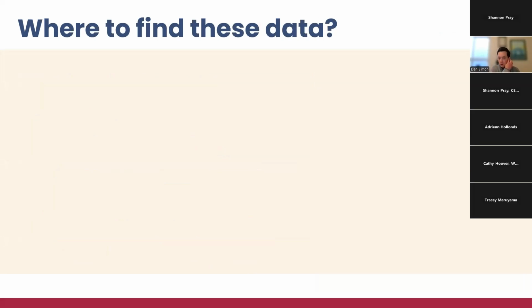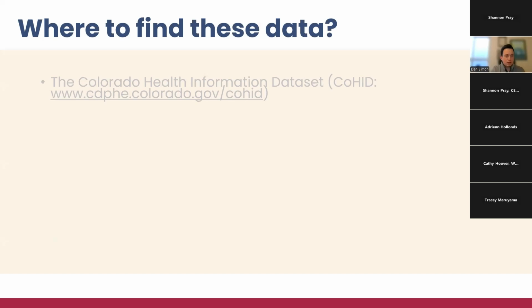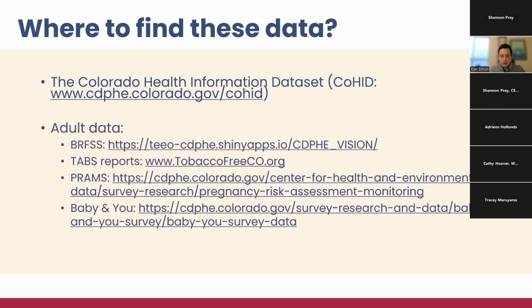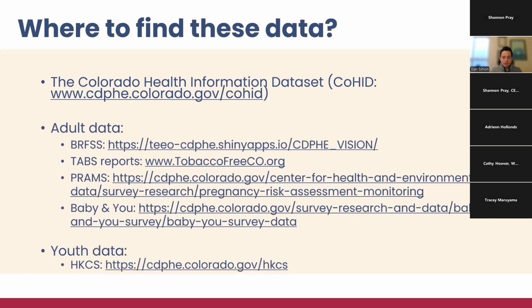Okay, so hopefully we're sharing these slides so you all have access to all these links in one spot. But first place to start when you're looking for these types of data would be the COHID page, the Colorado Health Information Data Set. It's available on the CDPHE website. Think of it as the landing page for all things data in CDPHE.